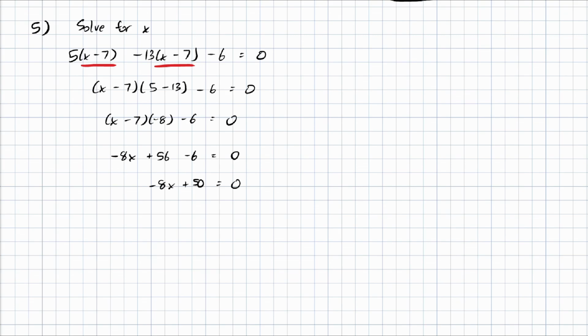Let me simplify the terms a bit. I'm going to move the 8x to the other side, solve for x, and then simplify to get, well, that'd be my answer, but you could simplify to 25/4. There you go.